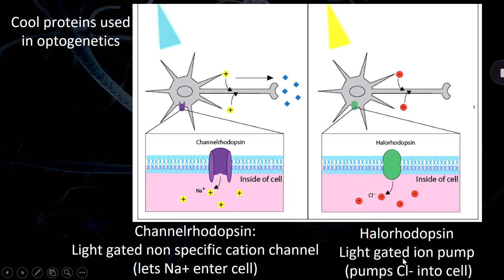If you pump chloride into the cell, because chloride is negatively charged, you are going to decrease the membrane potential, right? So that's going to make it harder for the cell to reach threshold to have an action potential. So these neurons will be turned off with light if they have halorhodopsins on their cell membrane.